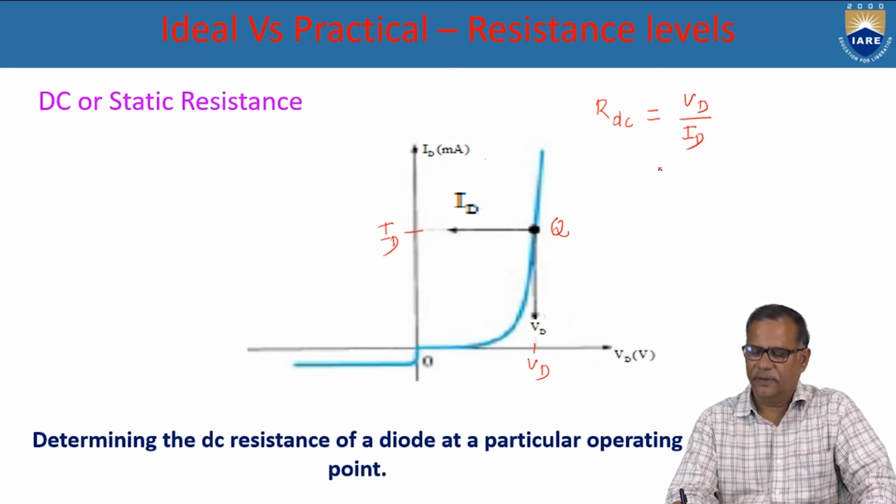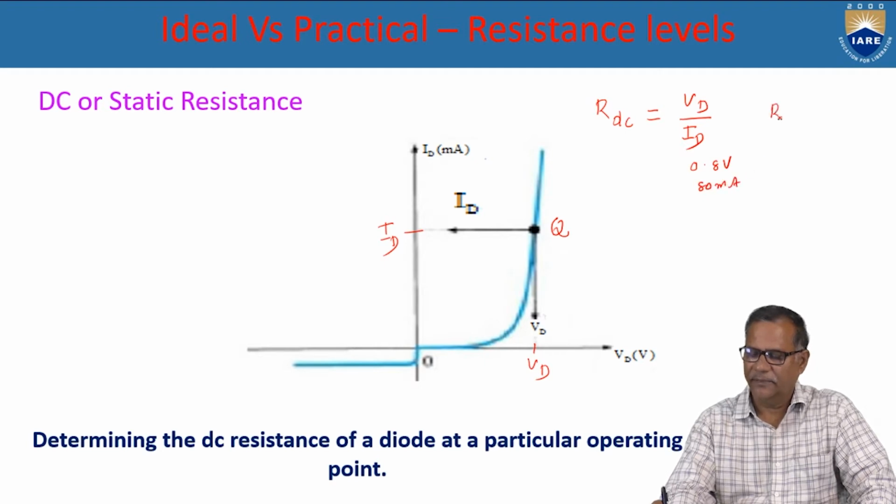For example, if VD is equal to 0.8 volts and ID is equal to, let us say, 80 milliamperes, then RDC is equal to 0.8 divided by 80 milliamperes.